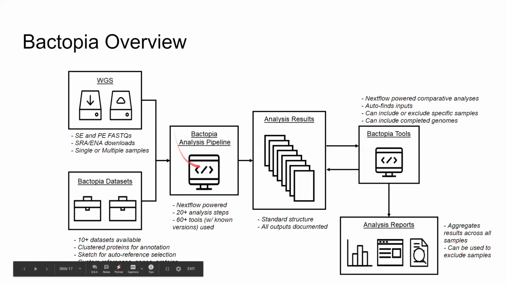The analysis pipeline is Nextflow powered. It includes over 20 different analysis steps and more than 60 tools. And the way I've set up Conda is I build from environment files, so little YAML config files. I don't actually do the Conda install each time. I've already pre-built the environment.